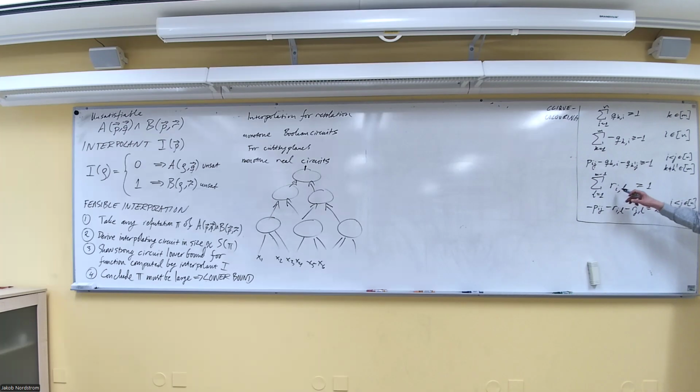Then here the r variable says that every vertex i has a color l, where l ranges from 1 to m minus 1. So this enforces that every vertex gets a color. And then we say that minus p_ij minus r_il minus r_jl is greater or equal to minus 2.